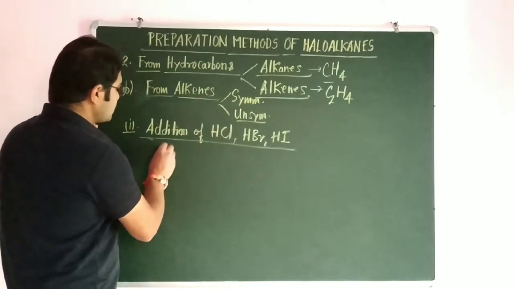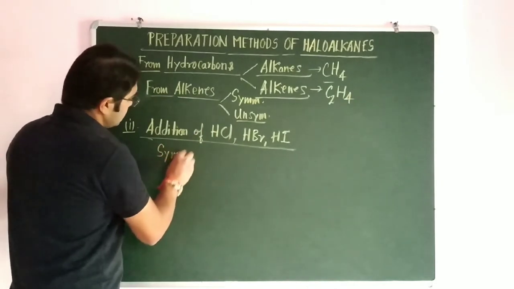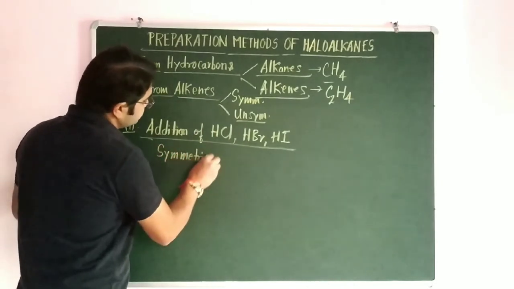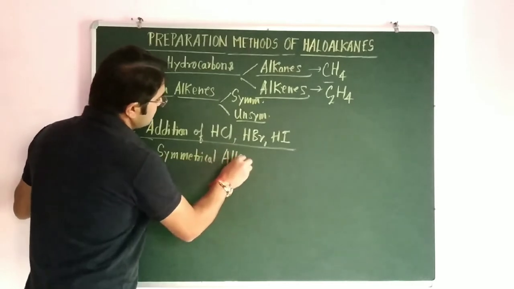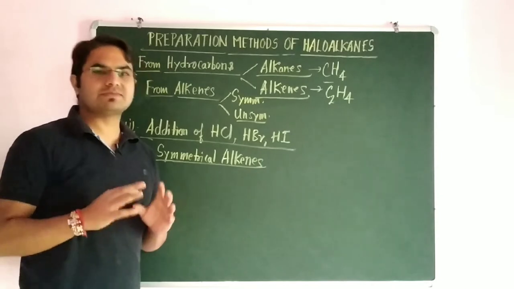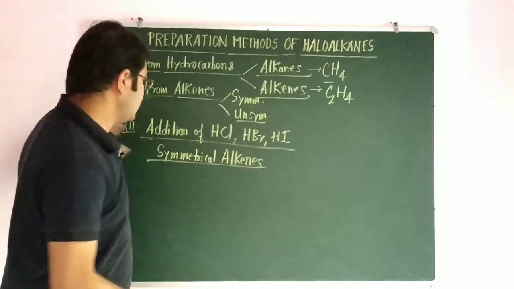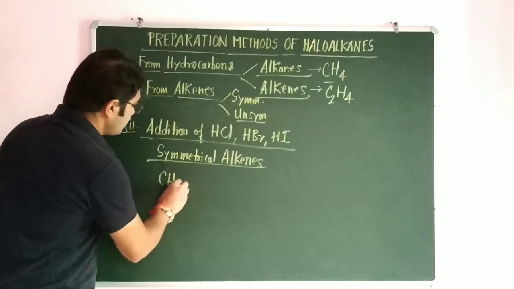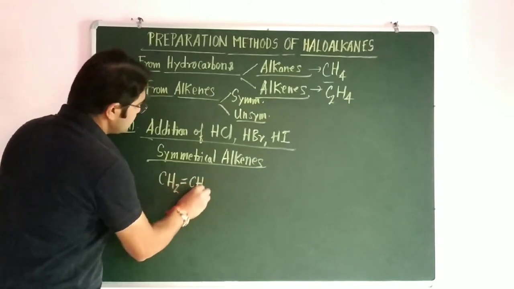So first, in case of symmetrical alkenes, the very first member of alkene is CH2=CH2, that is ethene.